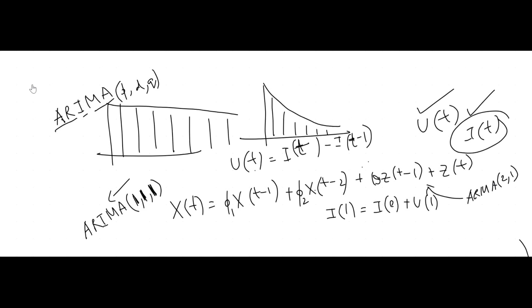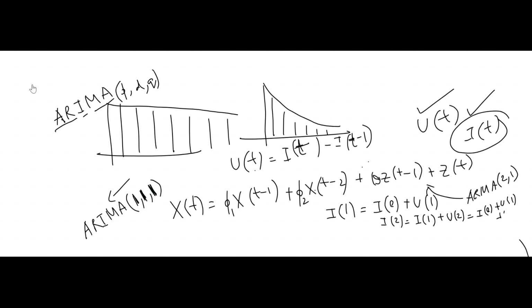Similarly, I_2 would be I_1 plus U_2. I already have an expression for I_1, that is I_0 plus U_1, so I can write I_2 as I_0 plus U_1 plus U_2.